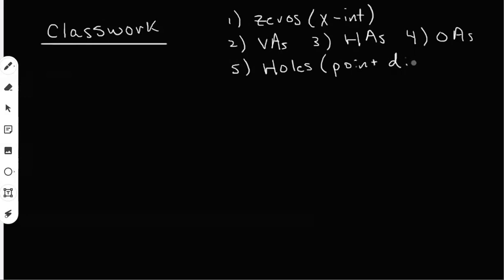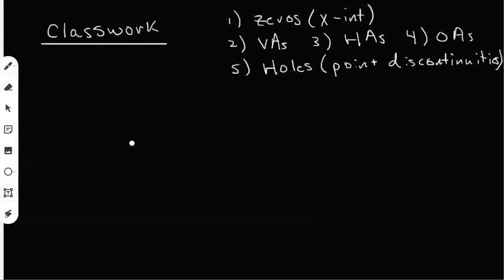We talk about that in our continuity lecture. But those are the 5 things that you need to be aware of. Even if they don't have one of those things, like let's say they don't have oblique asymptotes or they don't have holes, you still have to write oblique asymptotes none. You would say there are none of those.